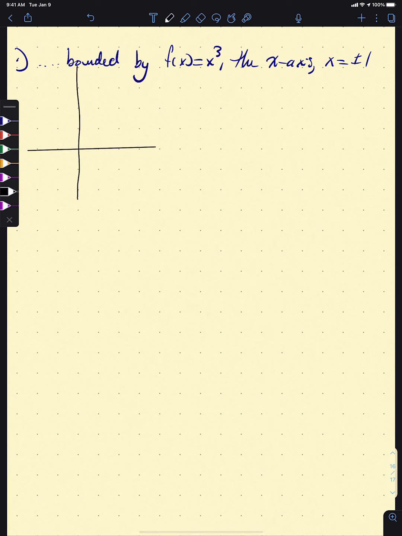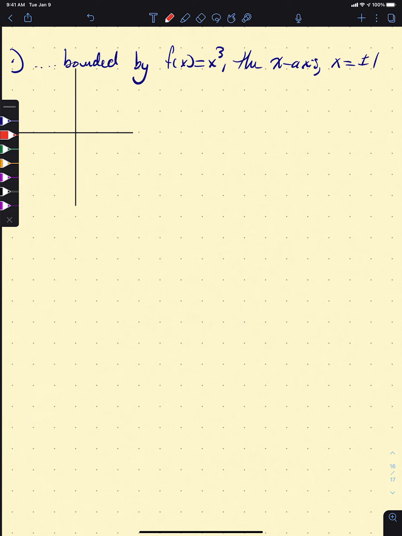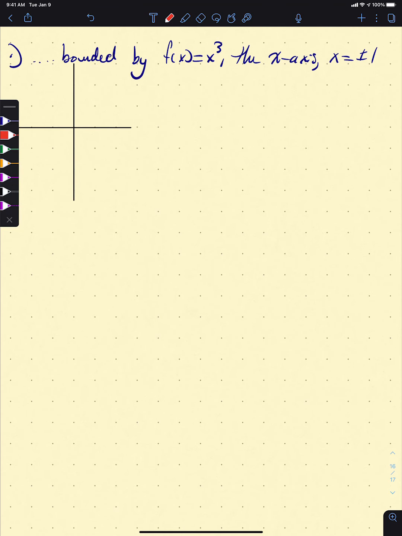If we graph this guy, what are we going to see? Well, we know the behavior of y equals x cubed. It's going to do something like that. And we're looking between positive 1 and negative 1. We're looking for this area.